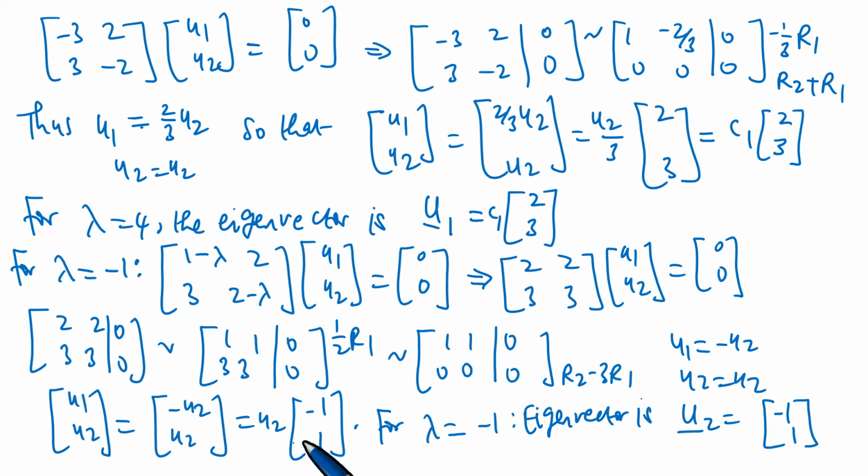For the thing you pull out, like here we pulled out U2, this one is going to be constant 2. The constant 2 comes from the U2 place, and the constant 1 is like U2/3. This method is very popular.